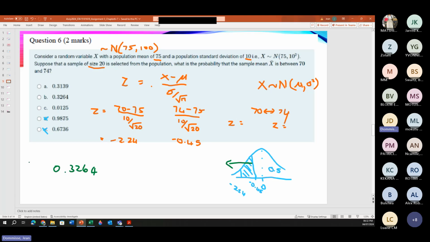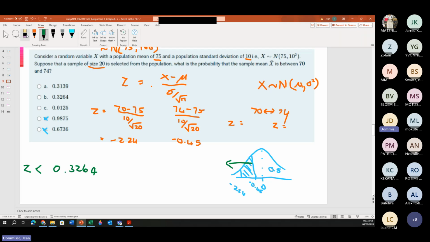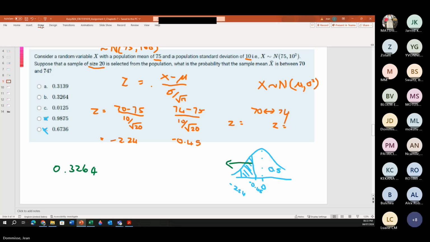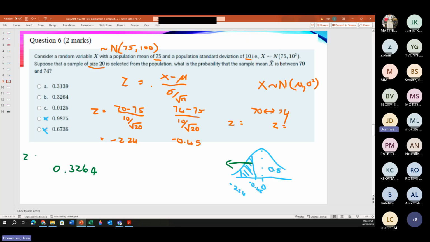But that is only for the Z smaller than, and let's just quickly make room here. So that is for Z smaller than minus 0.45. Okay, so that is 0.3264.